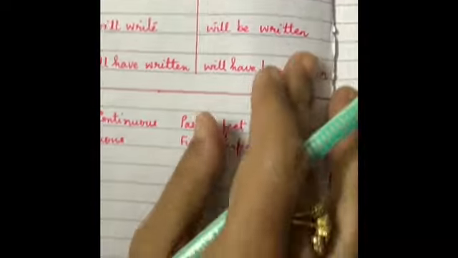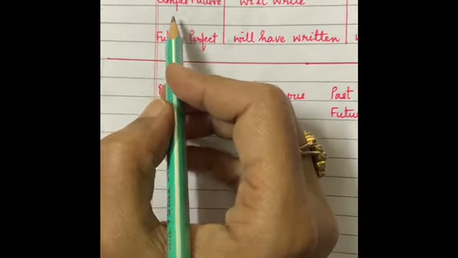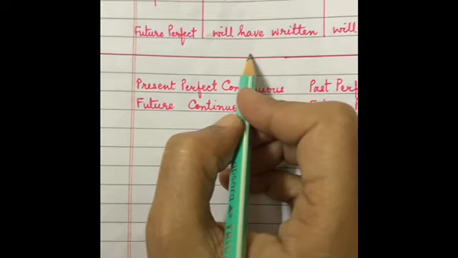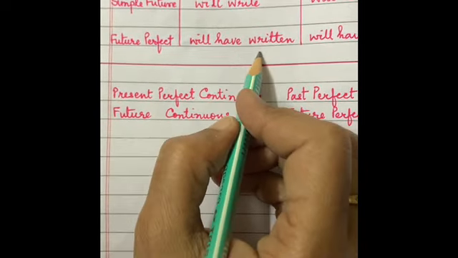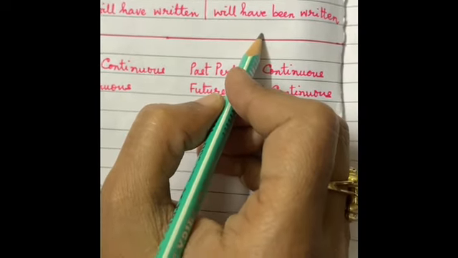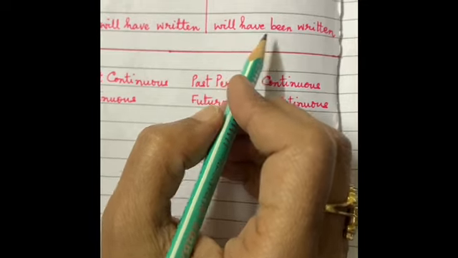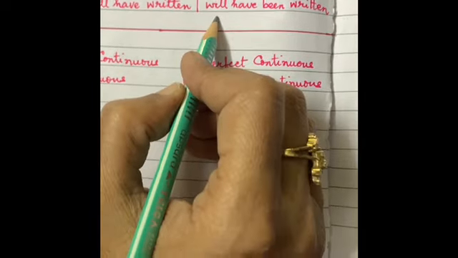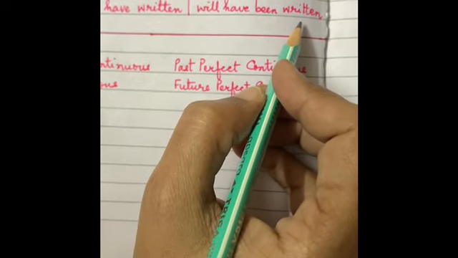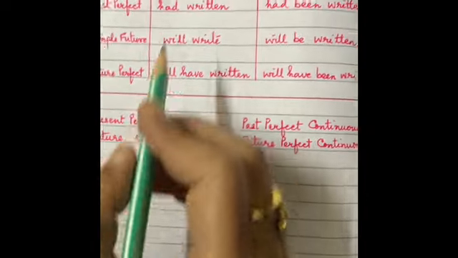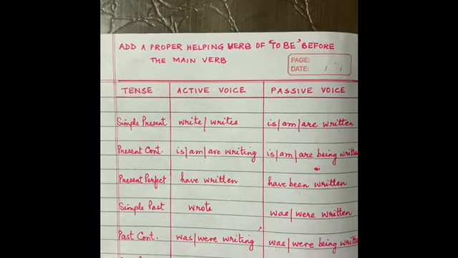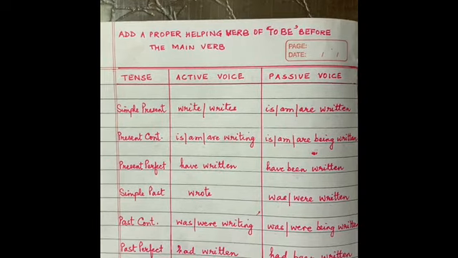Now the last, future perfect tense. In active voice, will have written, whereas in passive voice we use the helping verb been after will have, and then comes written, verb 3. So these are the 8 tenses chart that helps in understanding which helping verb to use.